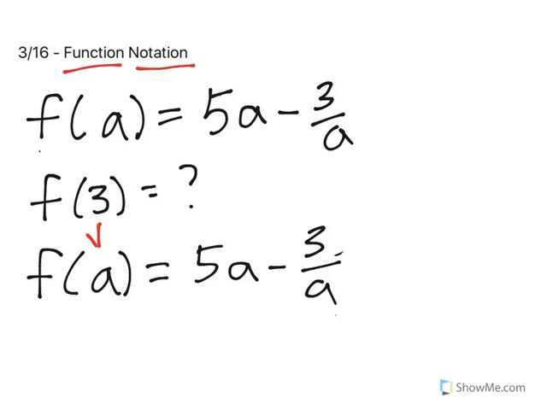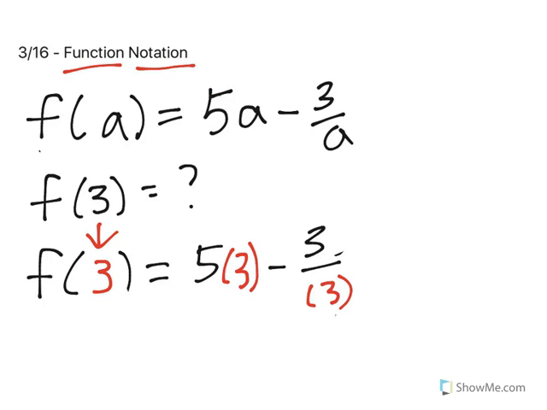We see that a is equal to 3. So if I replace the a with a 3 here, that means I have to erase a and replace it with the parentheses 3 everywhere you see the a.